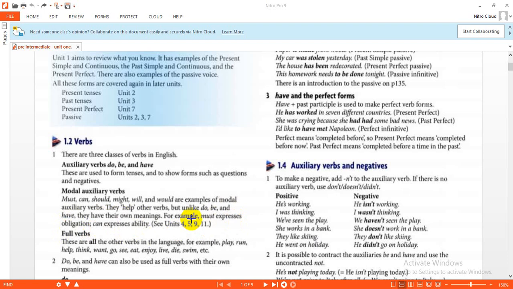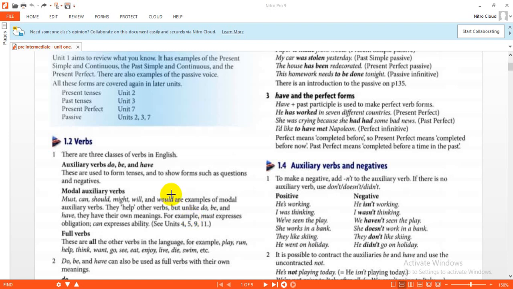الأفعال المساعدة اللي تسمى الأفعال المشروطة. مثال على ذلك must, can, should, might, will and would، يجب ويمكن وينبغي وسوف.